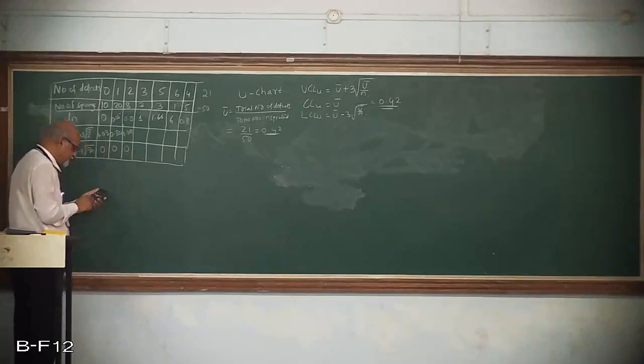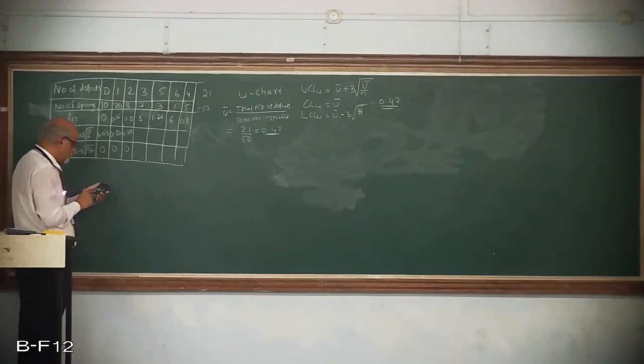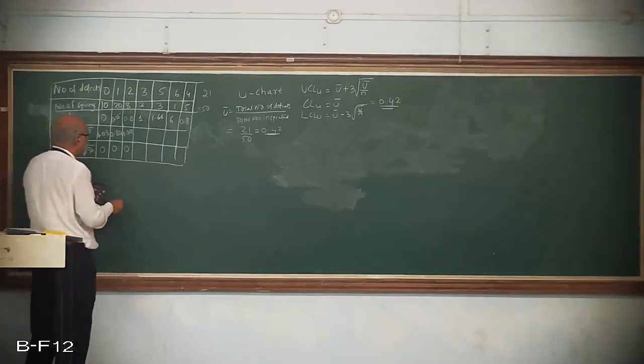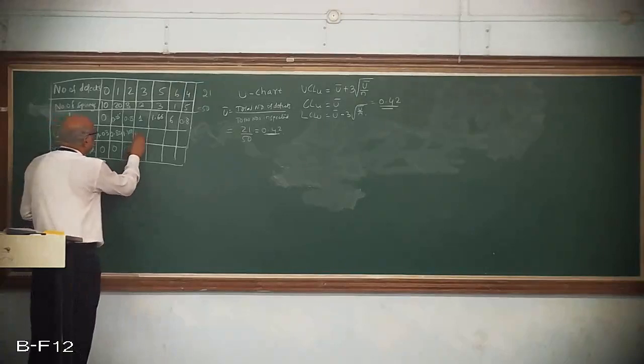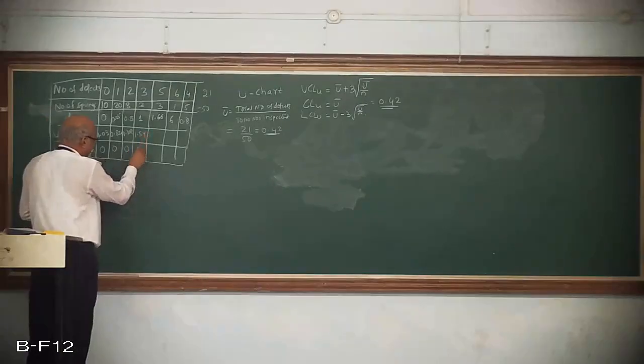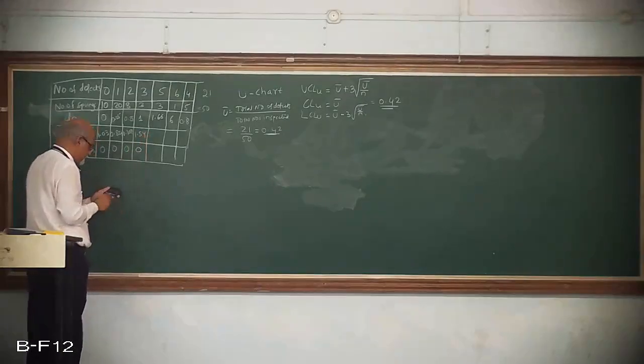Next one, it is 0.42 divided by 3, 0.14, square root 0.374 multiplied by 3. This works out to be 1.12 plus 0.42. This is 1.54. And this is negative, hence it is to be 0.